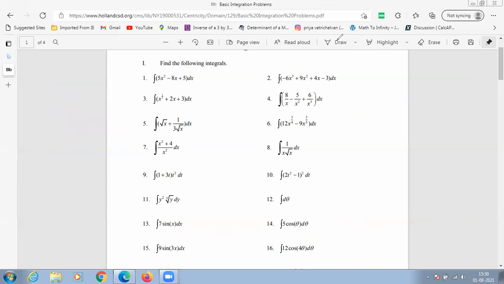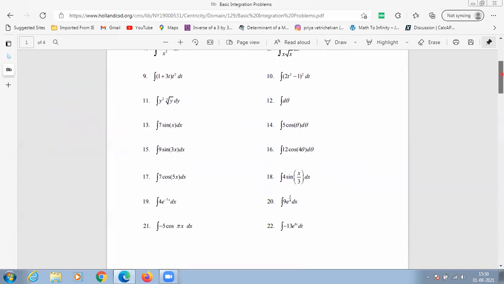And then we'll move on to the next question. Question number 15. 9 sin 3x dx. I'll give you a formula.